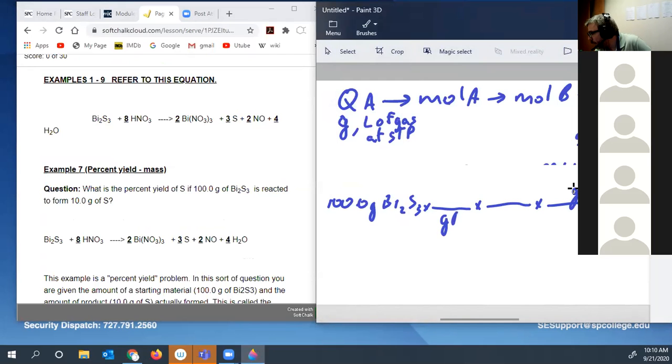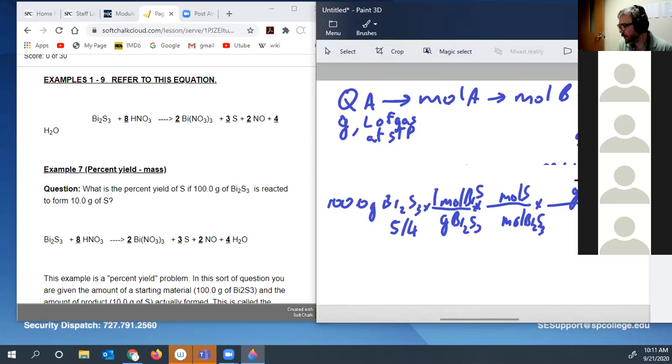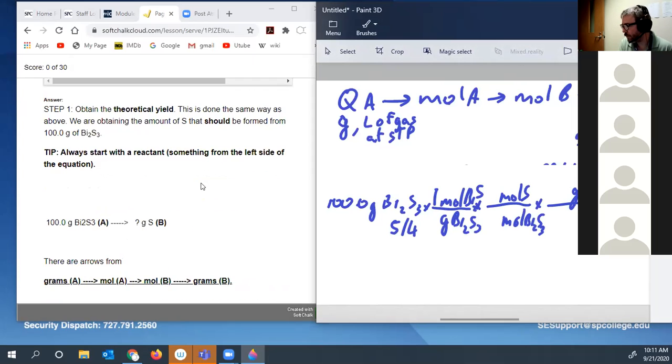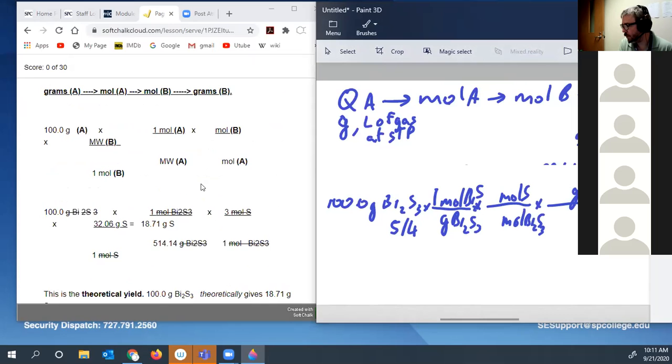So we go grams of Bi2S3 on the bottom. We got moles of Bi2S3 on top. We'll have moles of sulfur on the next part and moles of Bi2S3 on the bottom to cancel that. And then moles of sulfur on the bottom to cancel the moles of sulfur from the top. Then I put in my relationships here. I think it's 514.14.